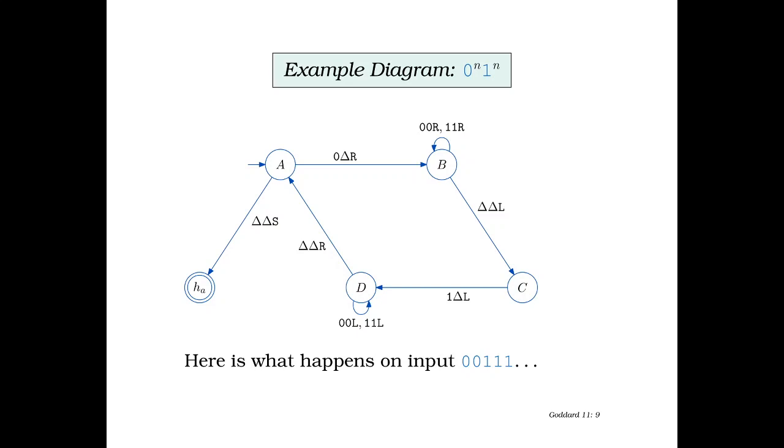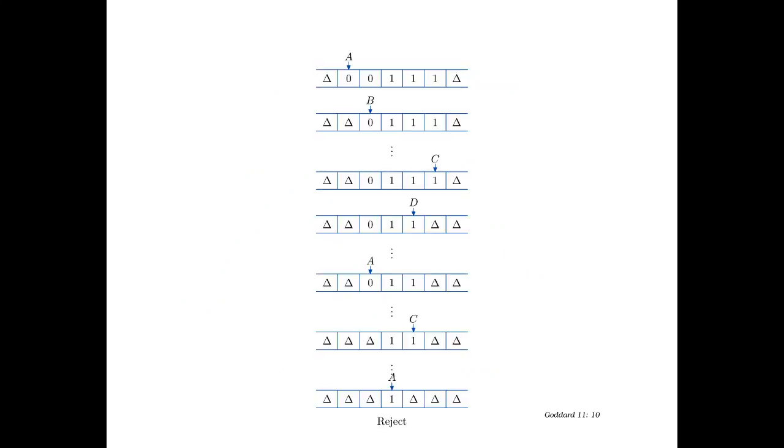We can look at an execution of this Turing machine on the string 00111. First what happens is we start with the state A and the head is pointing on 0.